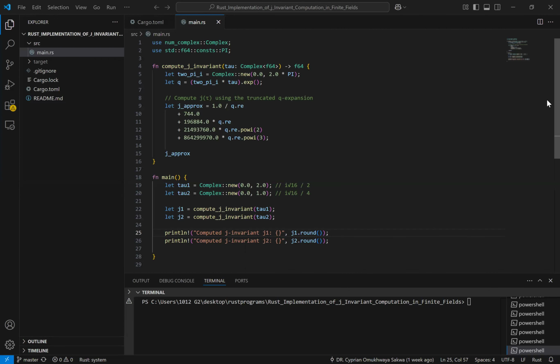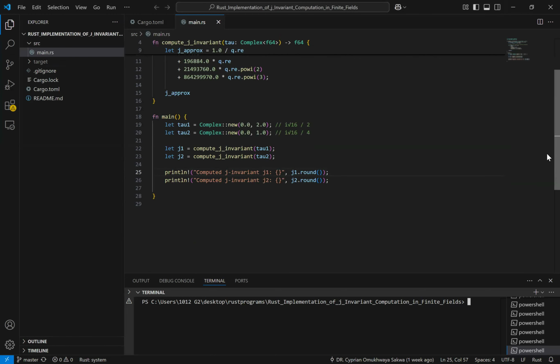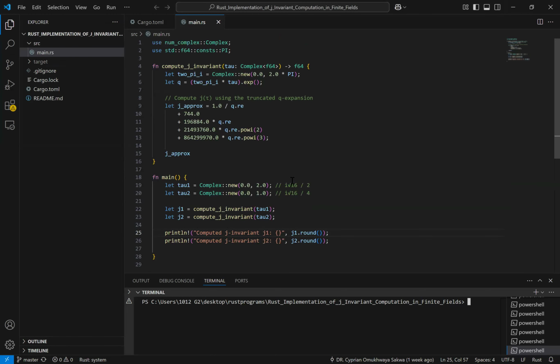Okay, this is the Rust code. Now, this is the first bit, where this is root i out of 2, and this is root i out of 4.